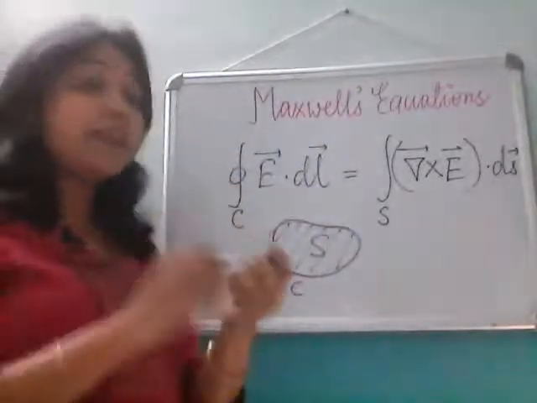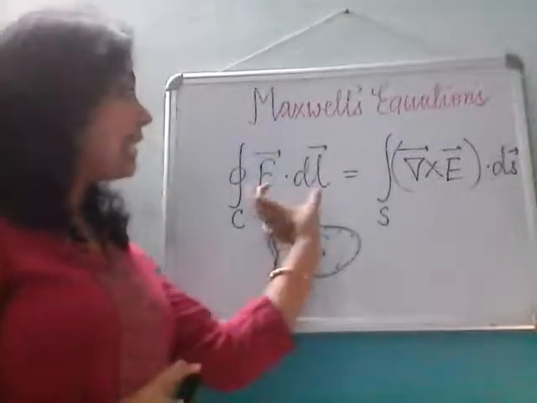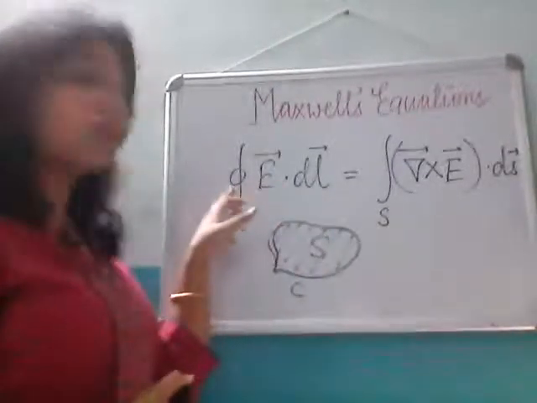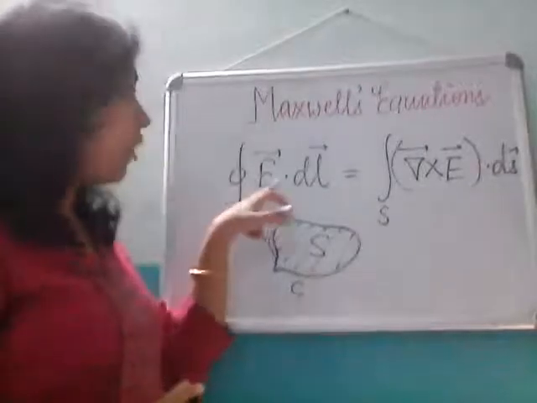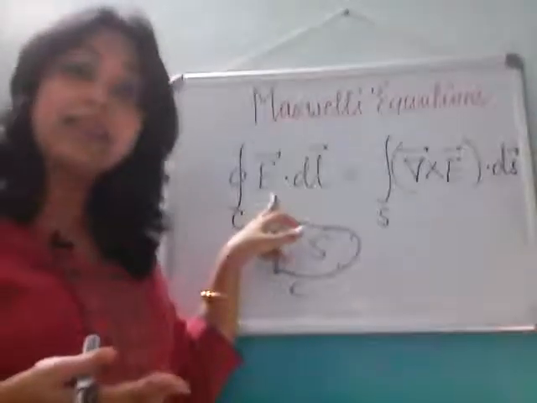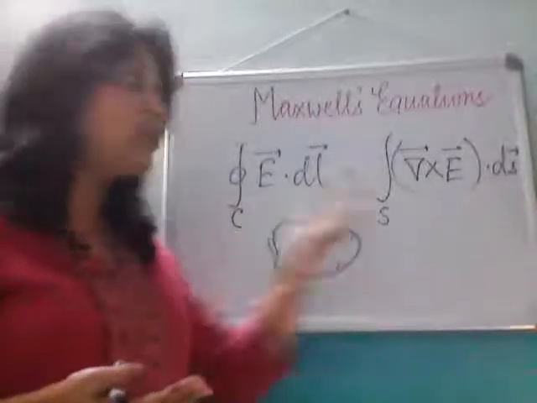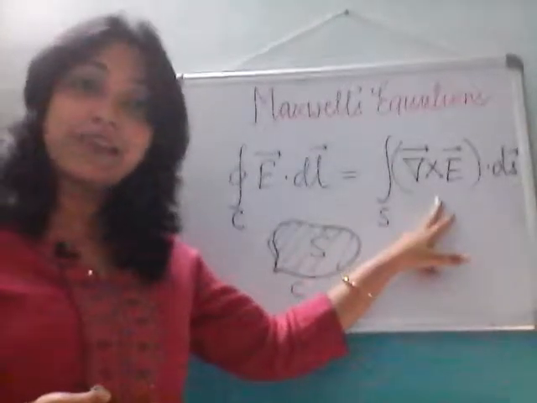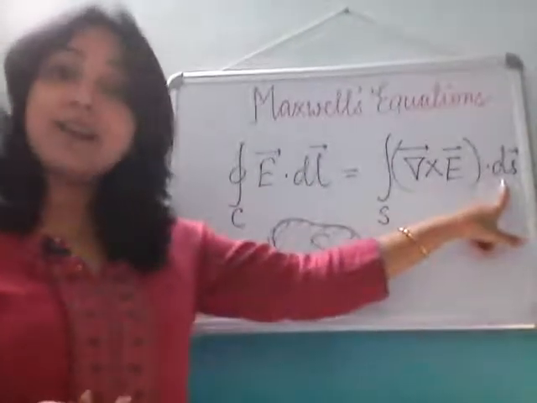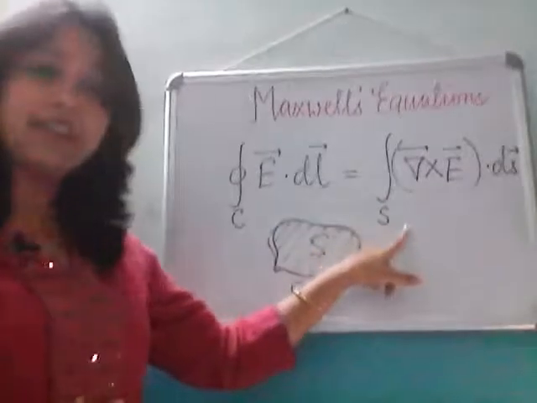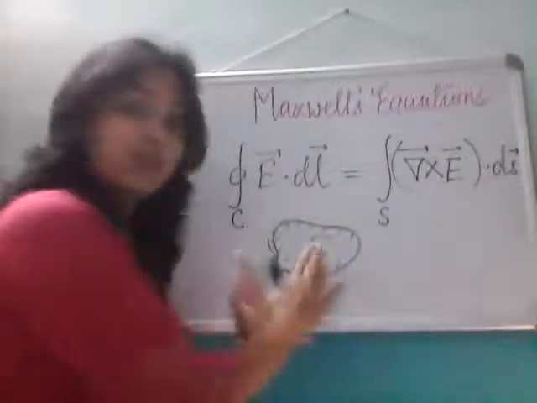Fine. Now what are we seeing here? That when I take the line integral over a closed contour, say of any vector, say E, then it will be exactly equal to the curl of that same vector taken as a surface integral over this surface which has been subtended by this closed contour.